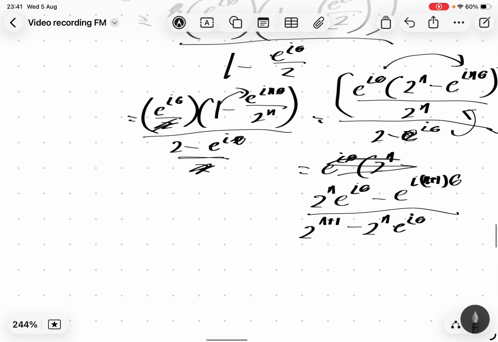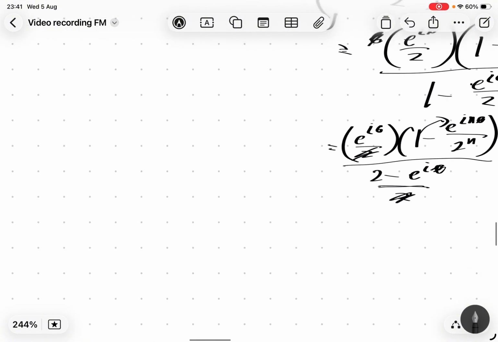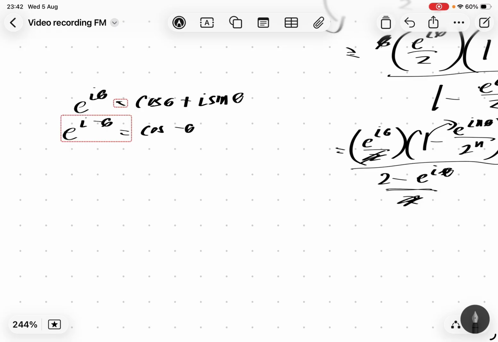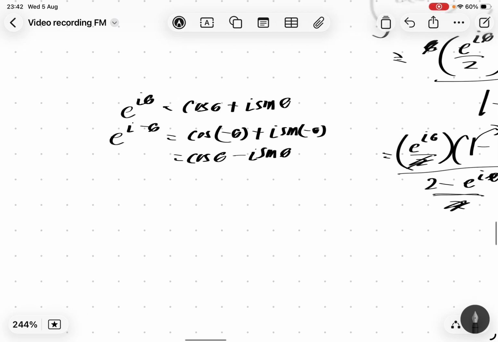Now, for this whole thing, you need to know something like this. e^(i theta) equals cos theta plus i sin theta. e^(negative i theta) equals cos negative theta plus i sin negative theta. And we know that cos negative theta is actually just equal to cos theta, and sin negative theta is actually equal to negative sin theta. Okay?